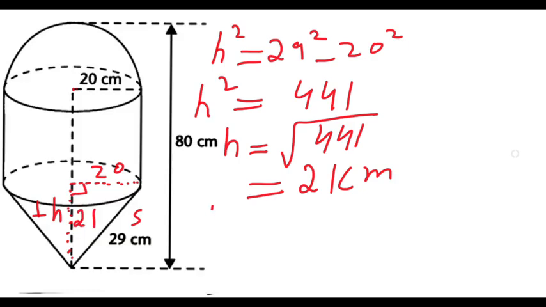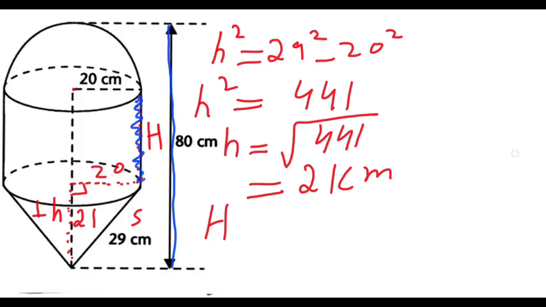So the height of the cylinder we need also. I can denote it with a capital letter H. I need this one. But remember, this is the whole height of the object, and we're looking only for the height of the cylinder.